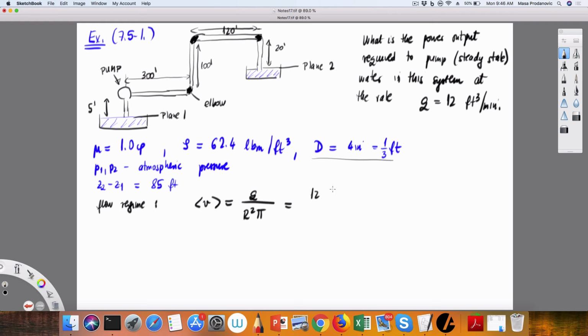So it's 12 cubic feet per 60 seconds divided by pi times (1/6 foot) squared. That's 2.3 feet per second.